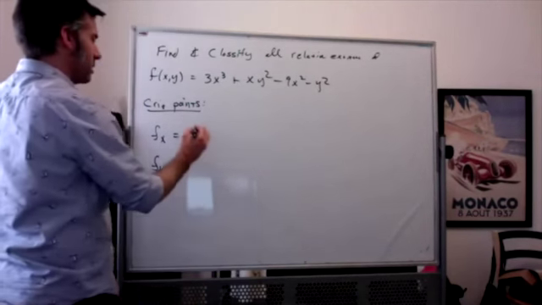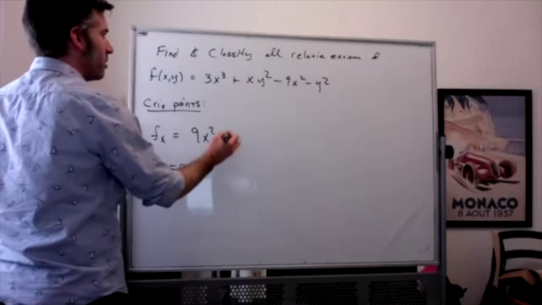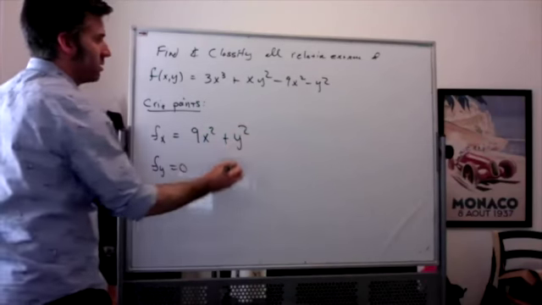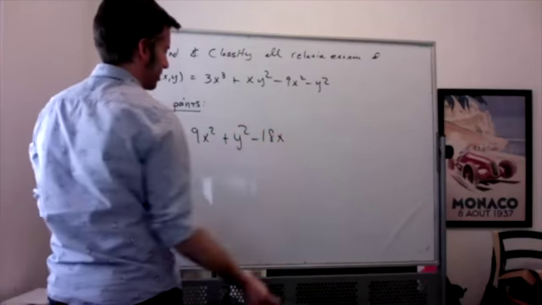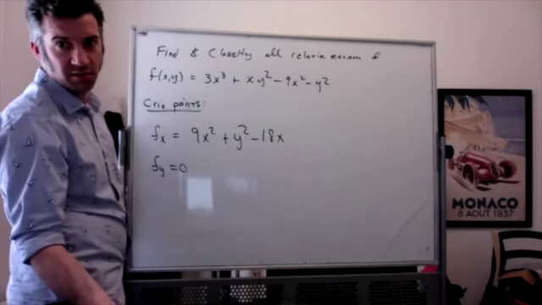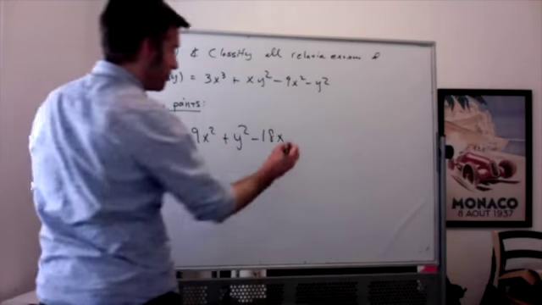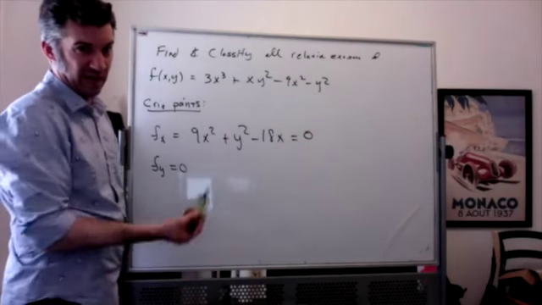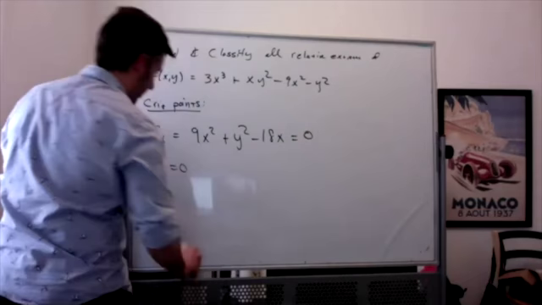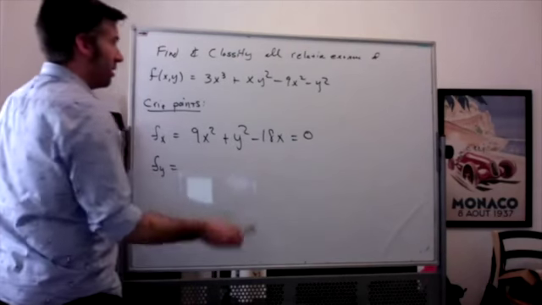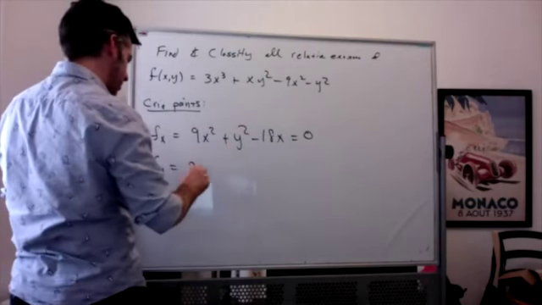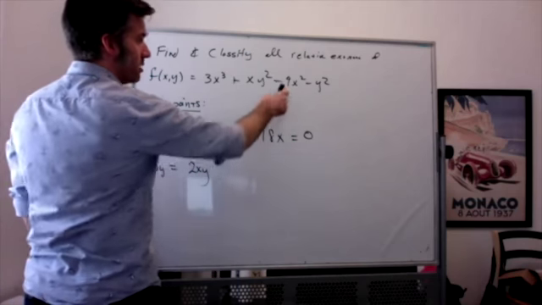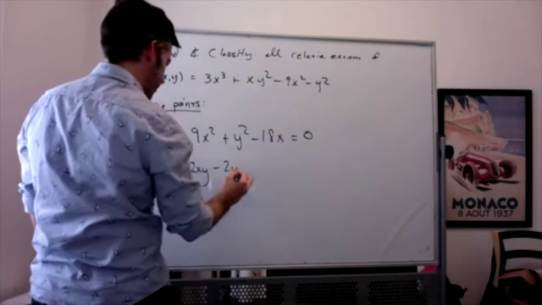It's going to be 9x squared plus y squared minus 18x. Is that really right? Yeah, looks good. We find fy. Fy is going to be 2xy minus 2y.